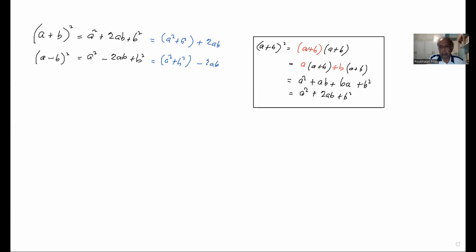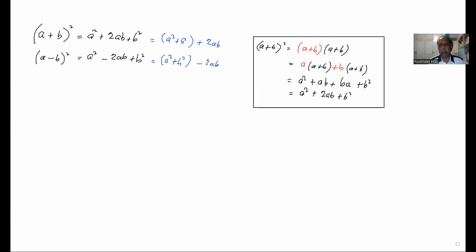Expanding, a times a is a squared, plus a times b, which is ab, plus ba plus b squared. When you group together the like terms, ab plus ba is 2ab, and that is how you get this formula. All right, so that's the background to the very first problem.